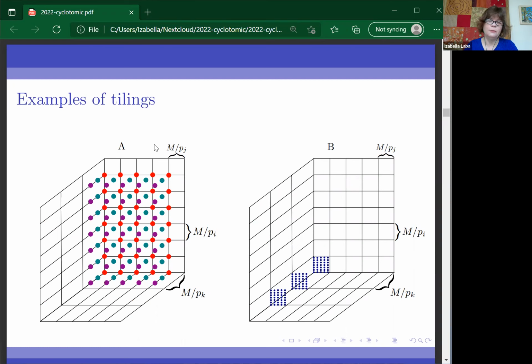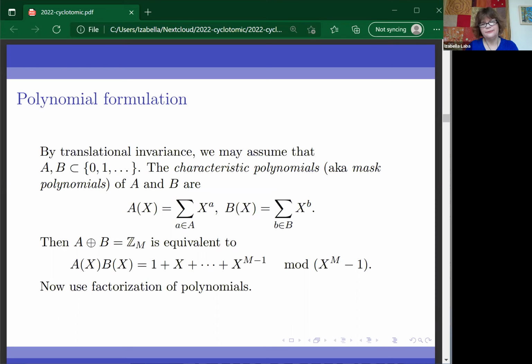I was going to talk about cyclotomic polynomials. So let's first introduce the polynomial formulation of tiling. We may assume that both sets are contained in the non-negative integers. That's by translational invariance.